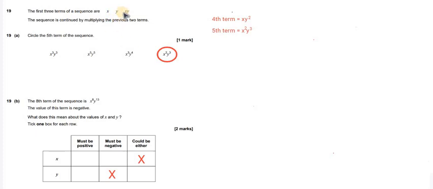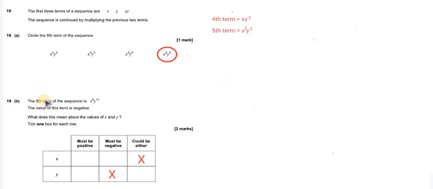So that's y times xy, that's xy squared. Now we multiply xy times xy squared. X times x will give you x squared. Y times y squared will give you y cubed. Indices. So that'll be x squared, y cubed. Circled.